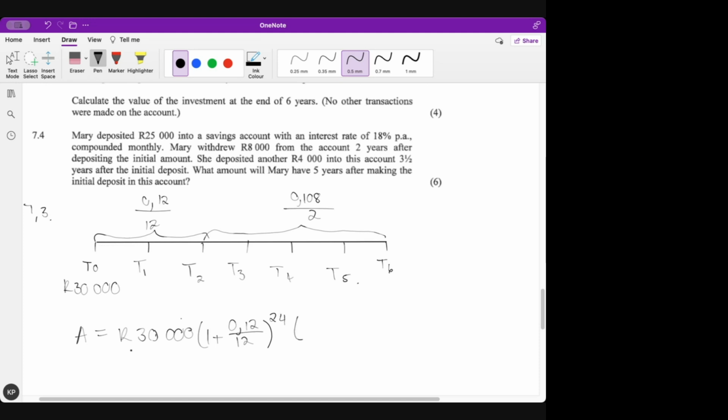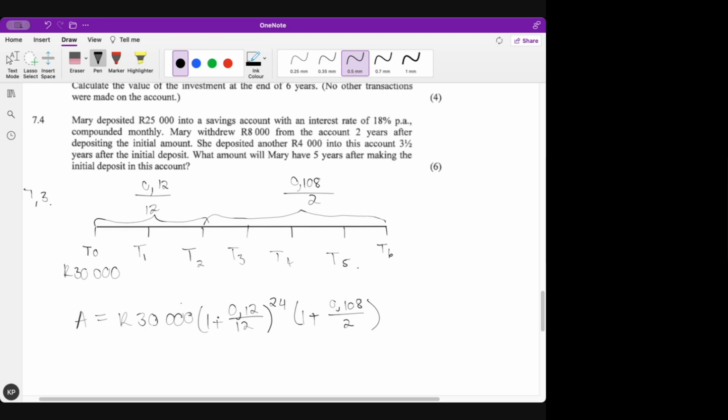And then this becomes our principal amount for the rest of the time period. So then that whole amount will be multiplied by the 10.8%, semi-annually. So 1, 2, 3, 4 years, twice a year. How many times will that be? Over 4 years, and we're doing it twice a year, my exponent is 8. Thanks, Funzo. Okay, let's get working out.